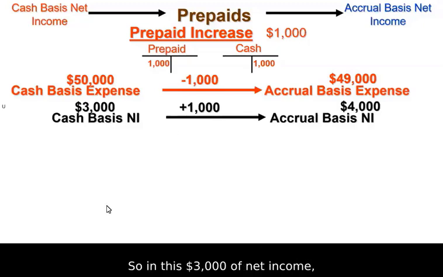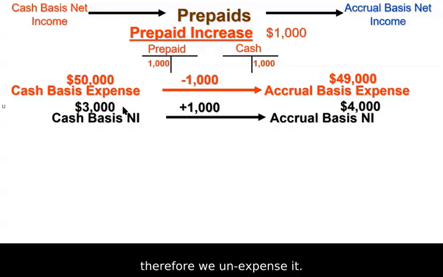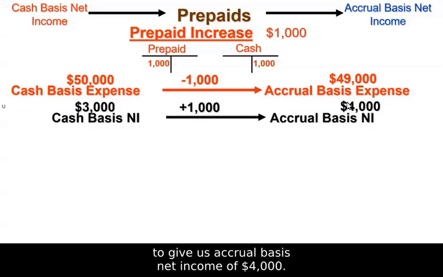So in this $3,000 of net income, $1,000 of expenses cannot be used for accrual basis. Therefore, we unexpense it. That's going to cause net income to increase. And the easiest way to do that is just add back the $1,000 to give us accrual basis net income of $4,000. This $4,000 now does not include this $1,000 of cash basis expense.